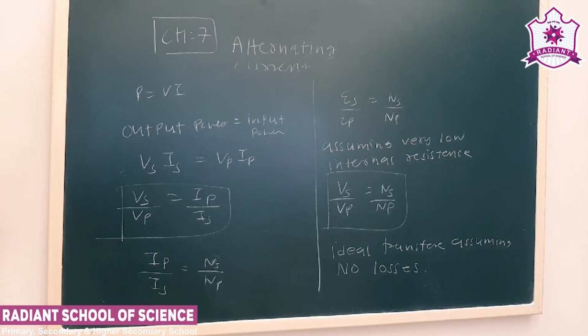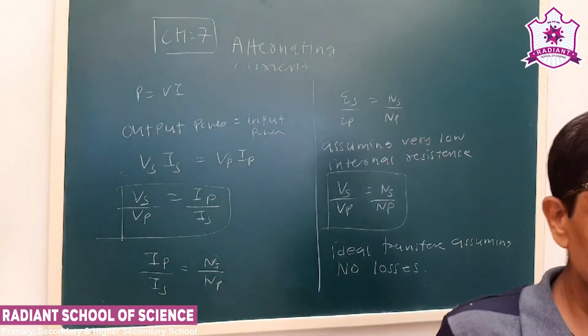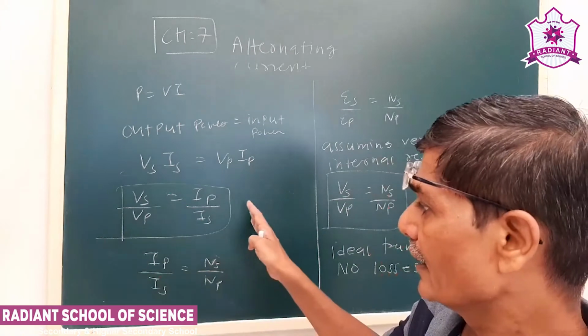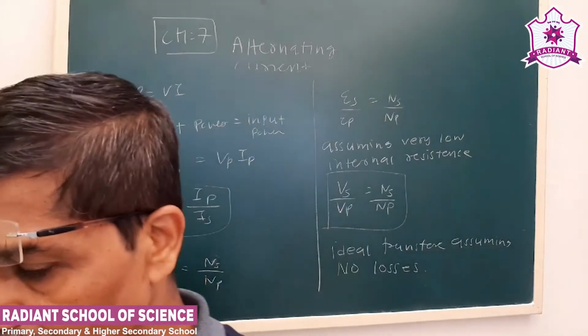So this is a current relation, a relation between the current in the transformer and the number of turns. So this is about the transformer. In an ideal transformer we assume there are no losses, so in that case we can have this equation.